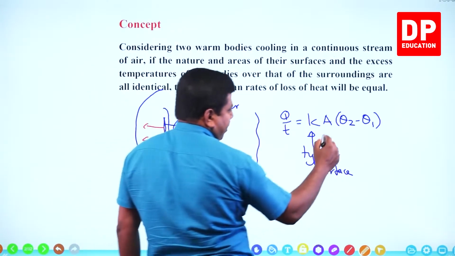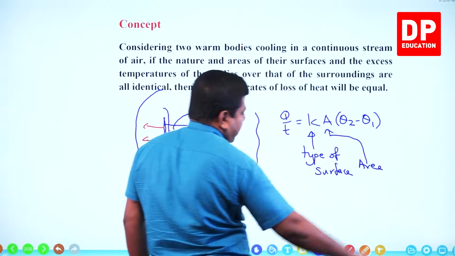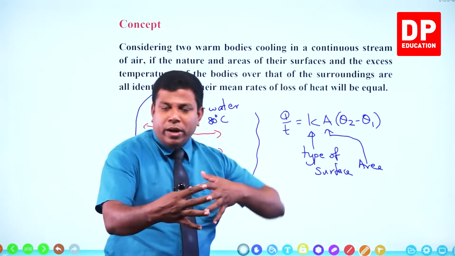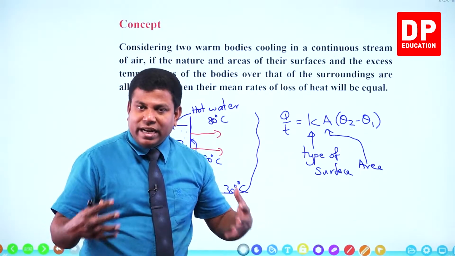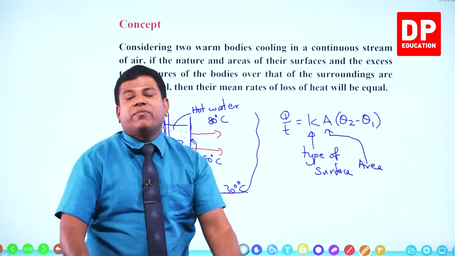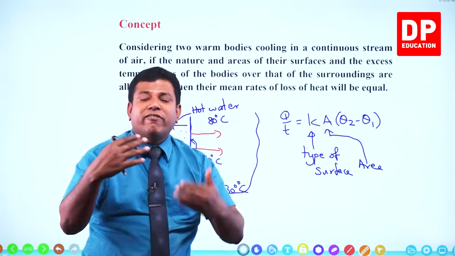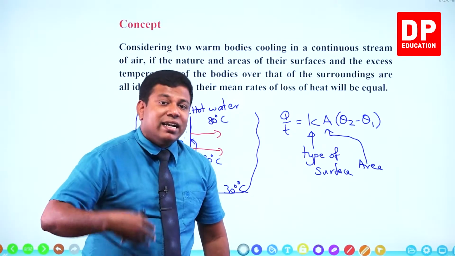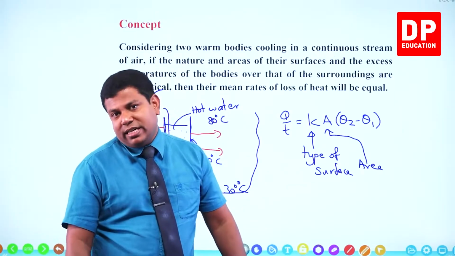A is the area. How much area, right? If we increase the area more and more, it loses heat faster and faster. The rate at which heat is going to be lost to the environment will increase if the area in contact with the environment is increasing.